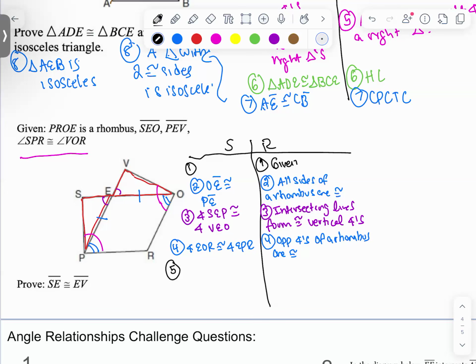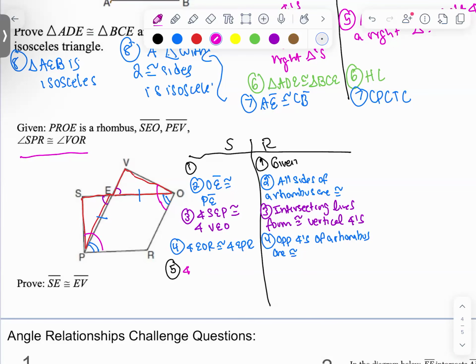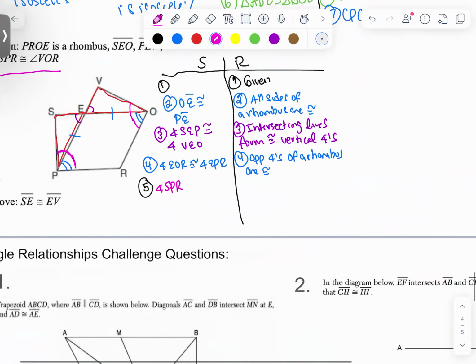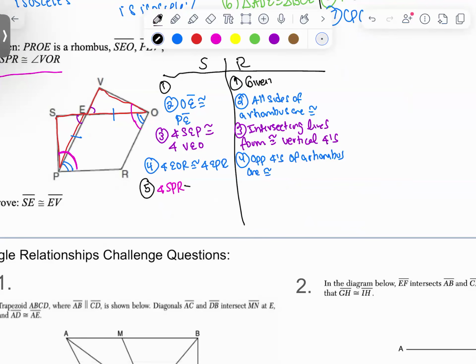So if I take angle SPR, this whole angle here, and I subtract off angle EPR, what I'm left over with is this angle right here, angle SPE, which is inside the triangle that I want to prove congruent.